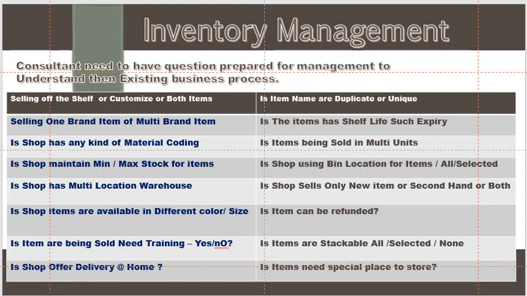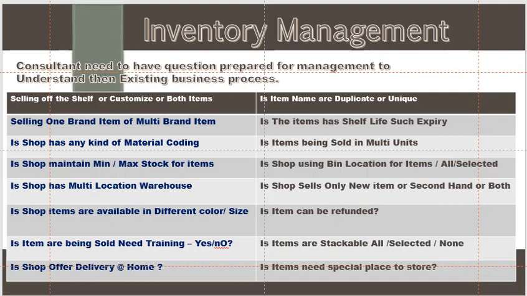Then another question: is the shop maintaining min or max for a stock item? Is the shop using bin locations? Does the shop have multiple warehouse locations? Does the shop sell only new items, second-hand items, or both? Are items available in different sizes or colors? Can the items be refunded?